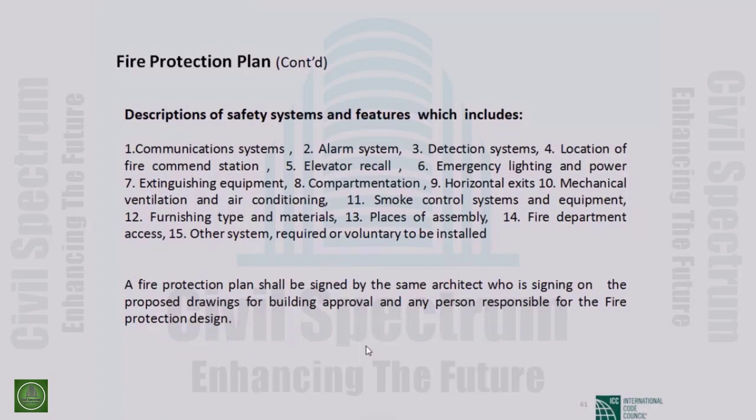Then you have to give the description of the safety system features, which includes communication system, alarm system, detection system, location of fire command station, elevator recall, emergency lighting and power, extinguishing equipment, compartmentalization, horizontal exit, mechanical ventilation or air conditioning, smoke control system, equipment, furnishing, type of materials, place of assemblies, fire department access, other systems required or voluntary to be installed.